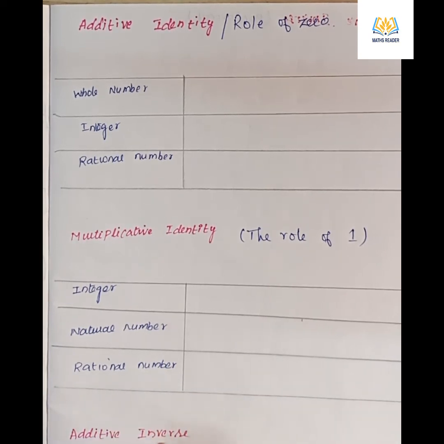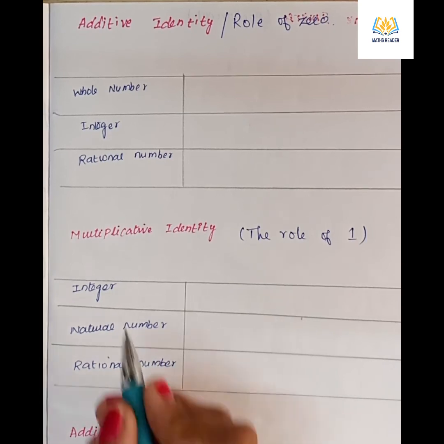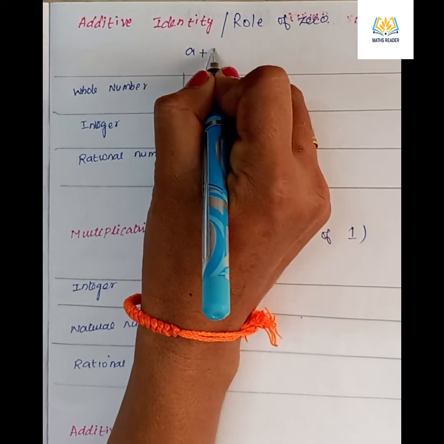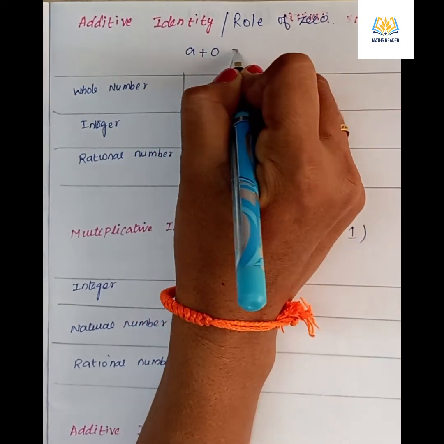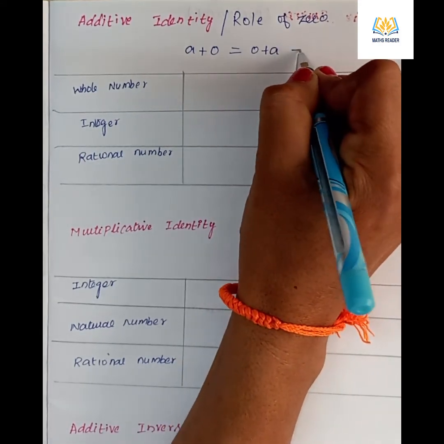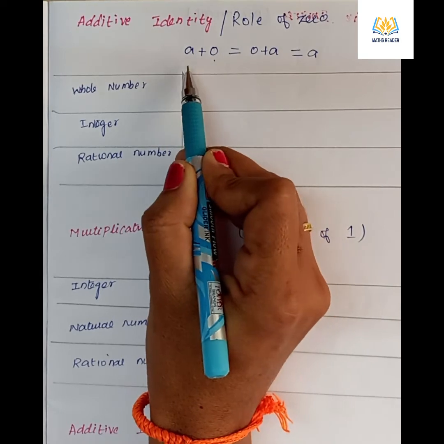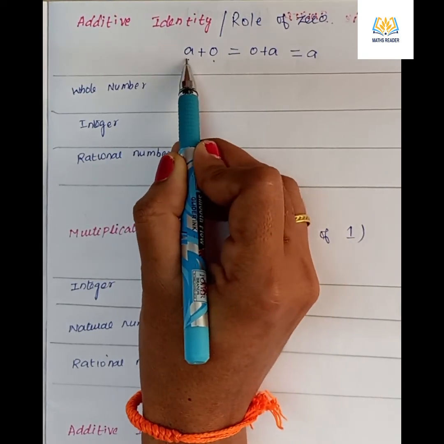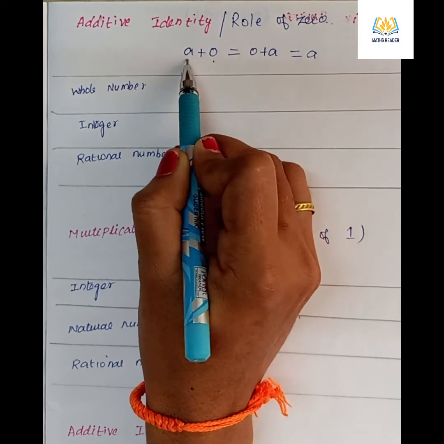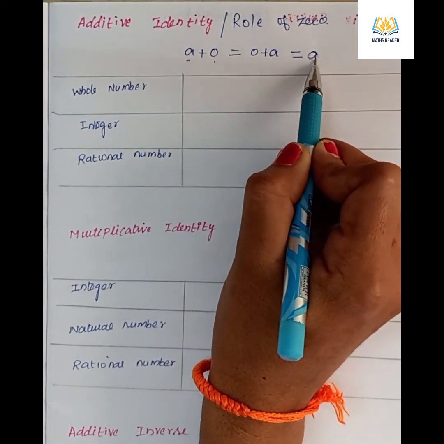So if we add any number with 0, we will get the same number. So in general, we will say this as a plus 0 is equal to 0 plus a equal to a. When we add 0 with any number, it can be whole number, integer or rational number, we will get the same number as an answer.